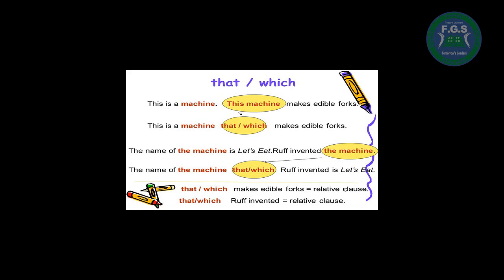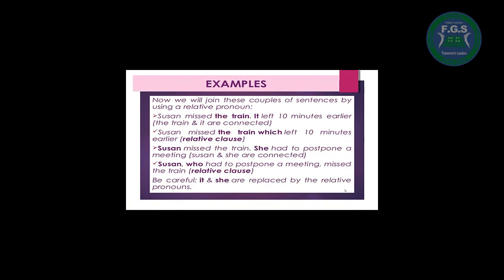Ralph invented the machine. So in this sentence, we have the machine and the machine in the second sentence. If you want to make these two sentences just one sentence, we will use the relative pronoun. So: the name of the machine that or which Ralph invented is Let's Eat. So that or which makes edible forks is a relative clause. That or which Ralph invented is a relative clause.